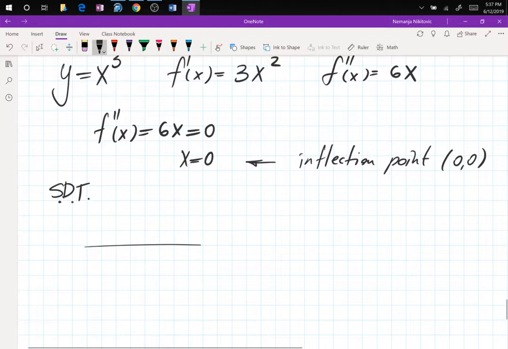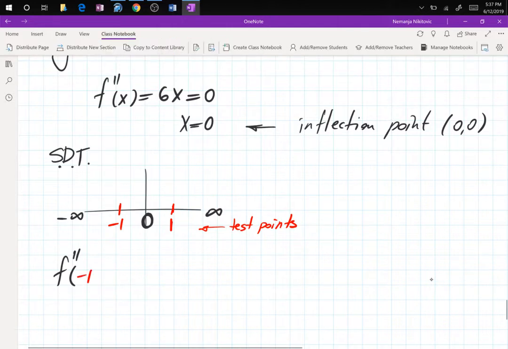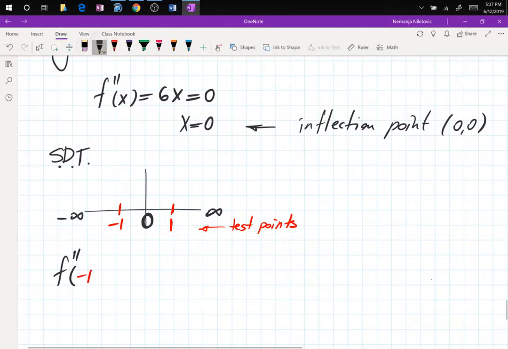So here's my partition at 0. We are on negative infinity to positive infinity. We pick negative 1 and positive 1 as test points. And then f double prime at negative 1 is equal to negative 6.